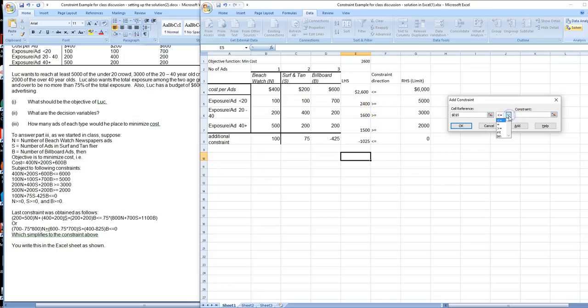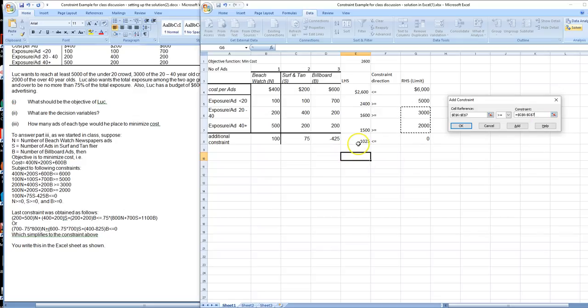So you select here greater than or equal to, and then you put the constraint here. Then we are still adding constraints. Since these are together, that's another way you can enter. So in one step, you say these two numbers are respectively greater than these two numbers. In other words, E6 is greater than or equal to G6. E7 is greater than or equal to G7.